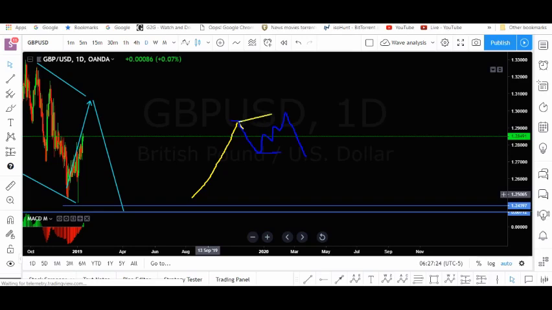So this is basically how your expanding flat will look. And after your expanding flat is complete, at some point you will get your next impulse move to the upside. This is what we call the expanding flat.